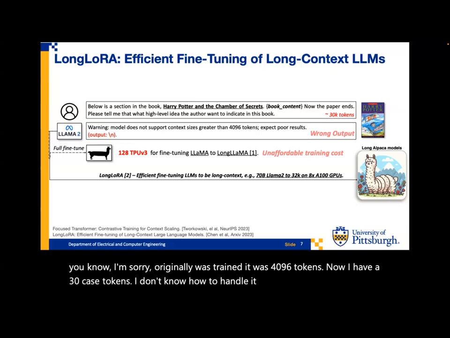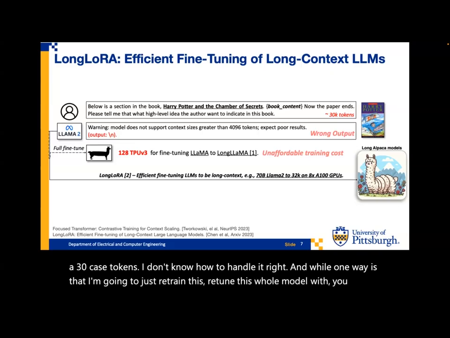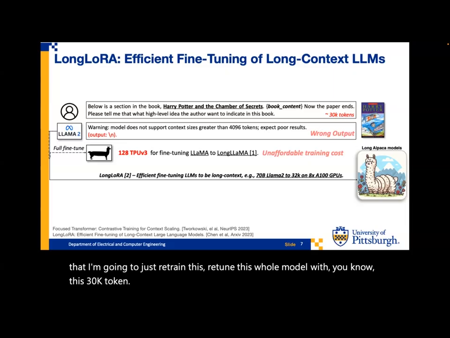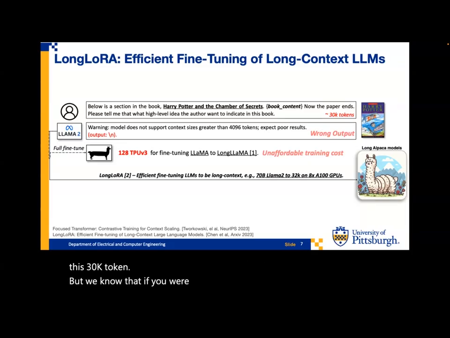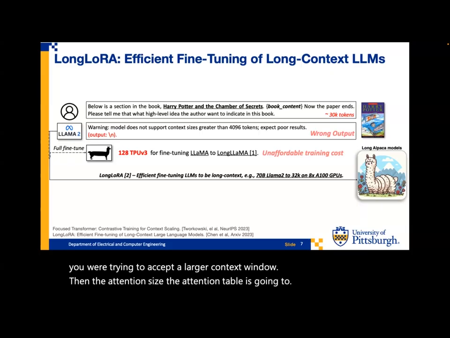Well, one way is that I'm going to just retune this whole model with this 30K token. But we know that if you are trying to accept a larger context window, then the attention table is going to increase significantly, right?